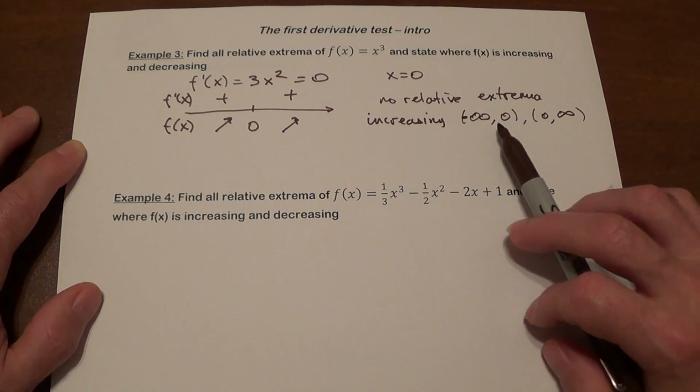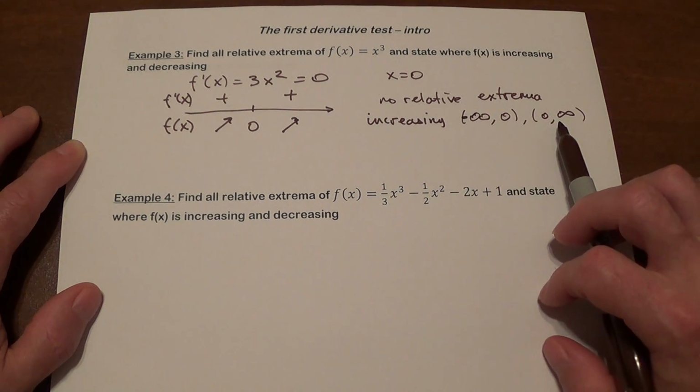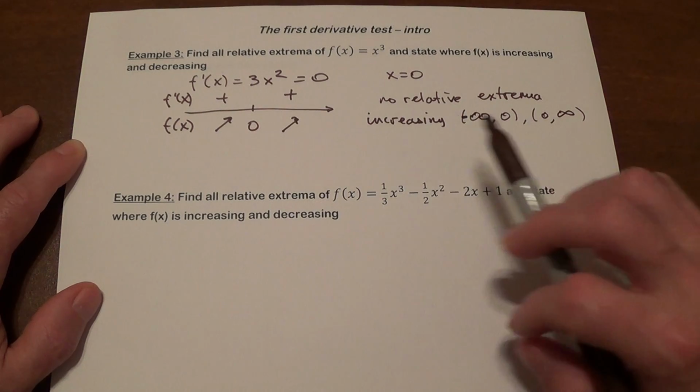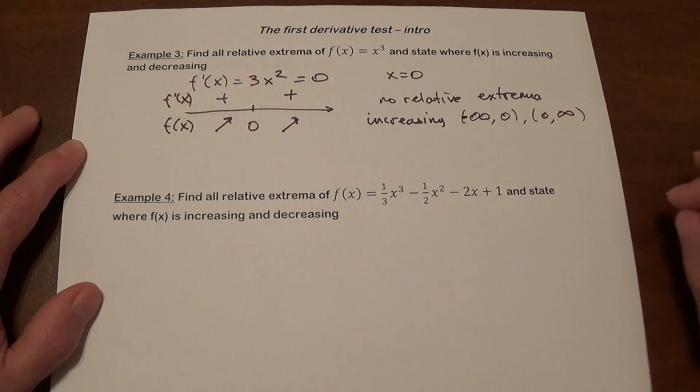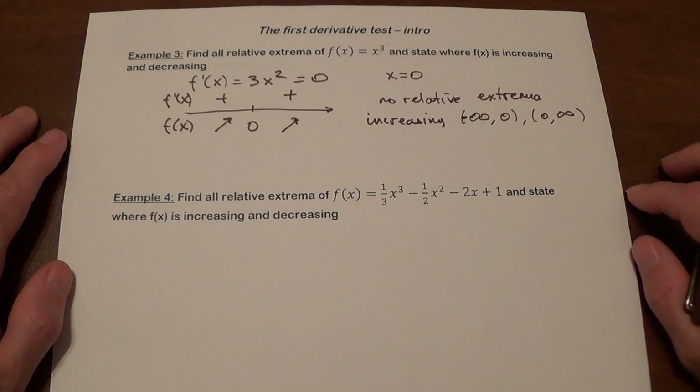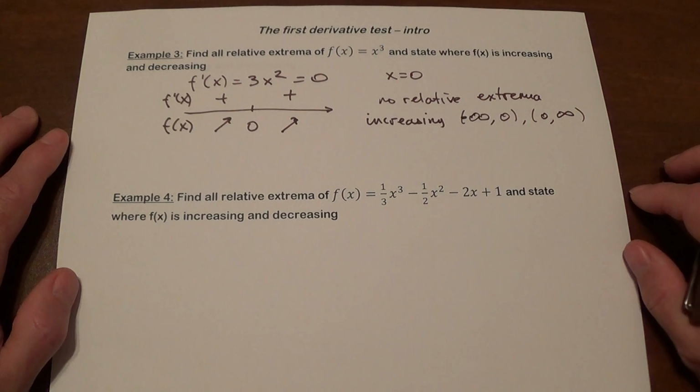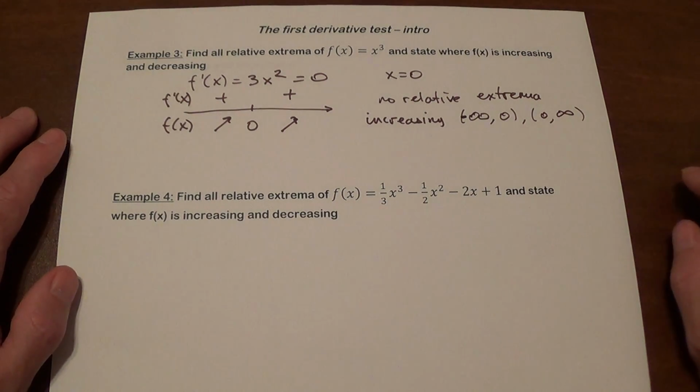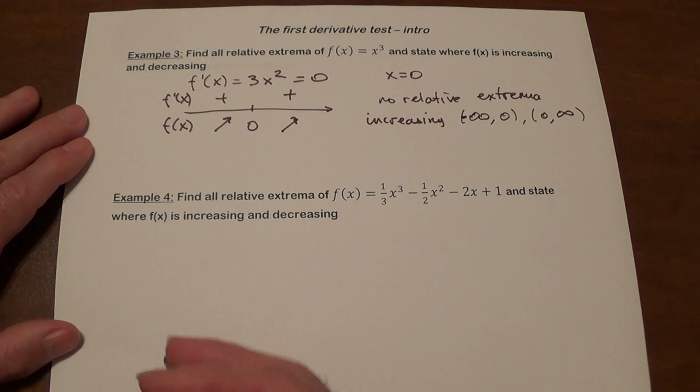You could also argue that you could go from negative infinity to infinity here, because there's really nothing important happening at 0, but that's actually not true, because it's a point that has a meaning, and that's going to be covered in later lessons. Okay, so it's just increasing on those two intervals.